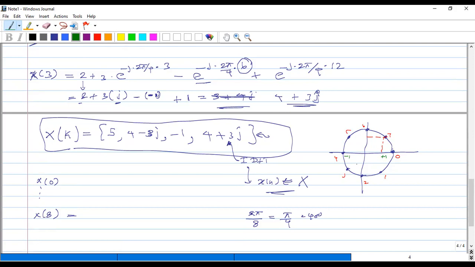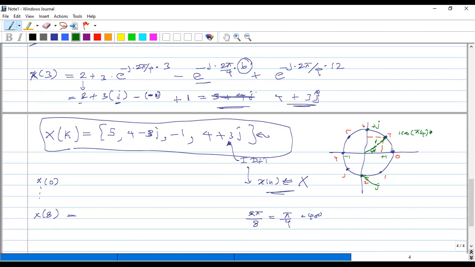So this will be plus j and this will be minus j. So how to calculate this value? You know that this is the unit circle, so the radius is 1. So this is 45 degrees. So this x coordinate will be 1 cos 45, that means 1 cos π by 4.